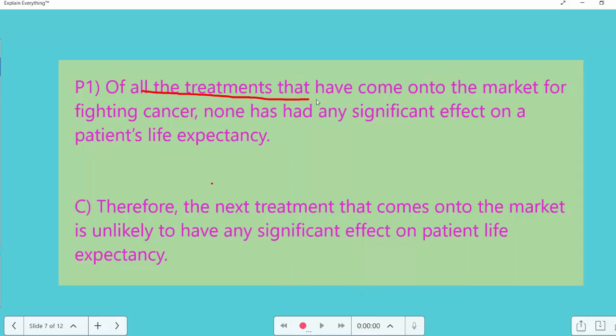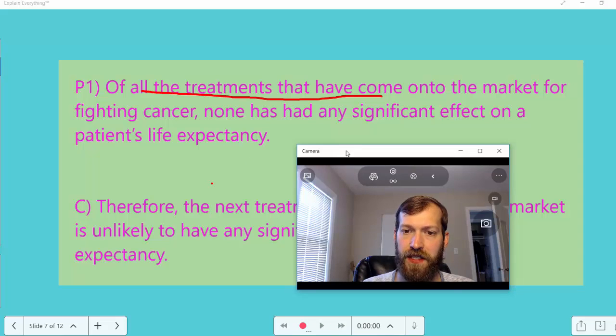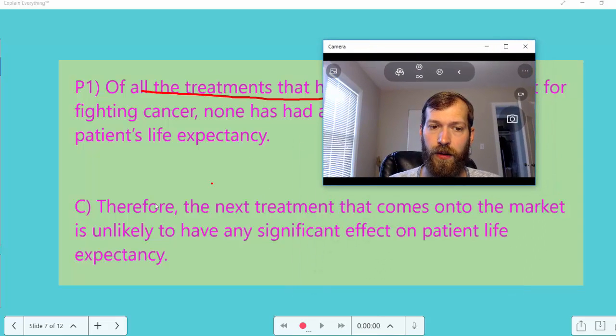So if none of the treatments in the past really worked, that's pretty strong evidence that the next one to come along is going to have the same types of problems. So it's a better bet, right? It's a greater than 50% likelihood that the next treatment that comes down the line will also be ineffective. It's not going to help people live longer. So that's why this is a strong argument.